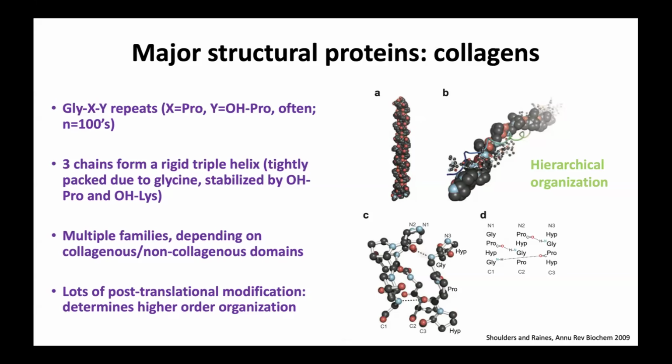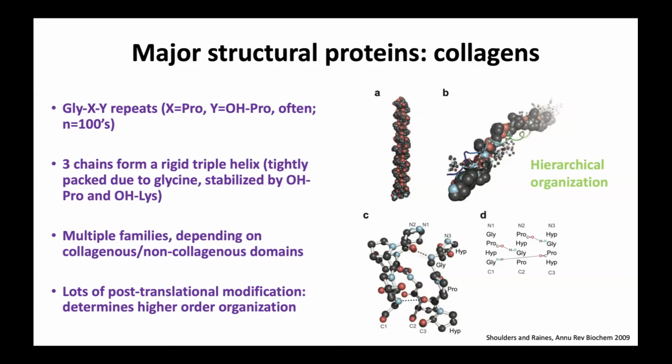And so 3 chains of these gly-X-Y repeats will form a rigid triple helix. And you can see in D down there what the interactions are between the three chains in order to form this helix. But they're really tightly packed due to this glycine, which, as you know, is a small amino acid. And they're stabilized by the hydroxyproline and also hydroxylysine residues.